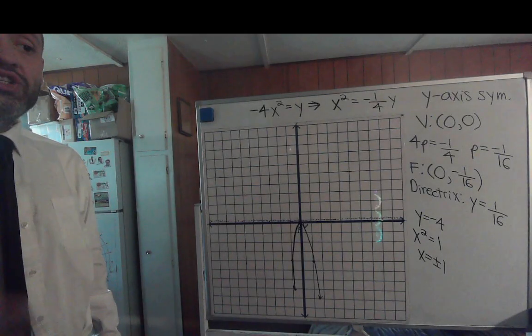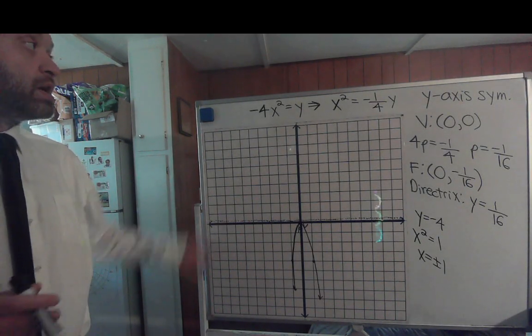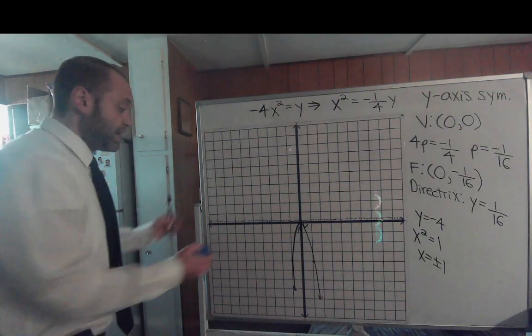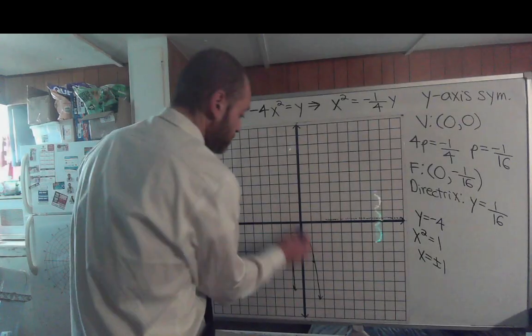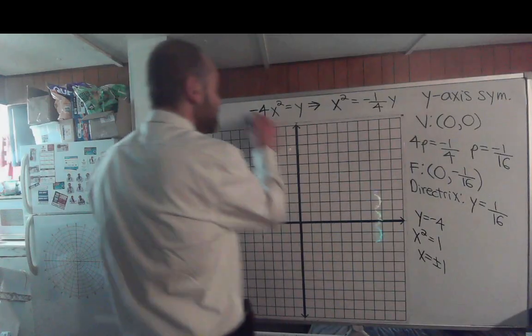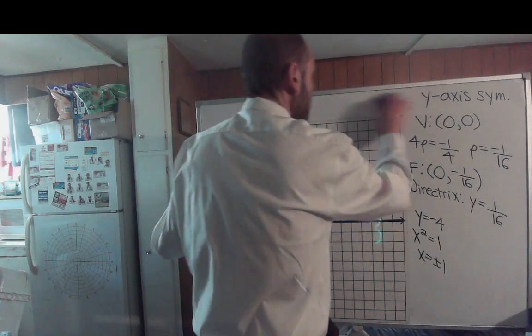Now, we're going to do a couple where the vertex is not at the origin, but we still have y-axis symmetry. So it'll be in the form we've been dealing with, but it's going to change a little bit.